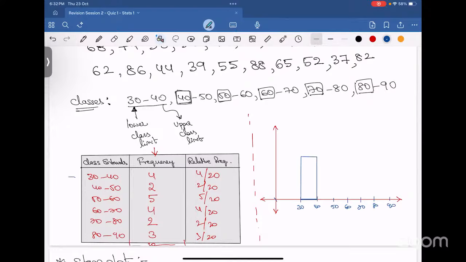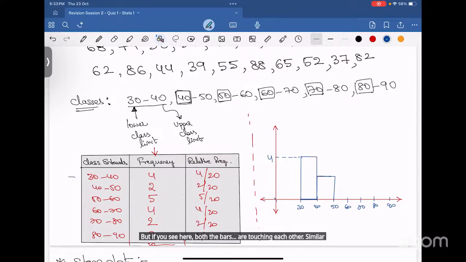Okay, so this is 4. And the next rectangle will come immediately, touching the previous rectangle, the previous bar. Between 40 to 50, the frequency is 2. So the height of this bar will be just 2. But if you see here, both the bars are touching each other.